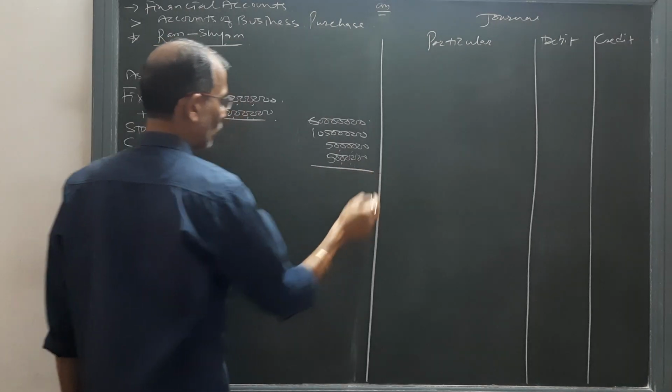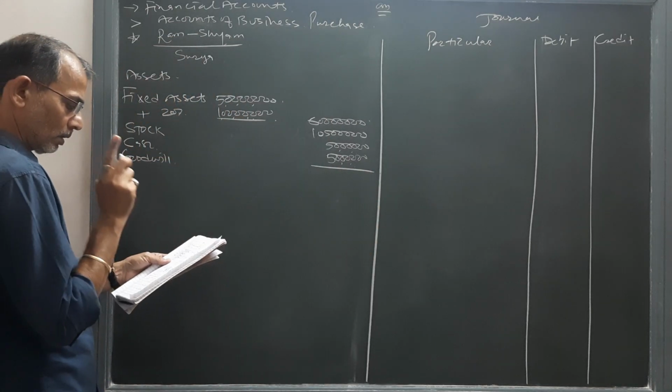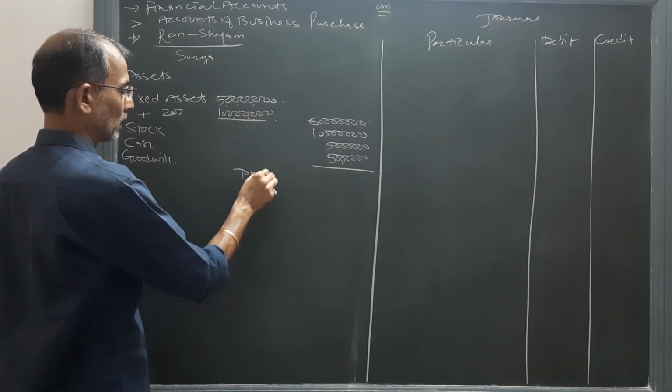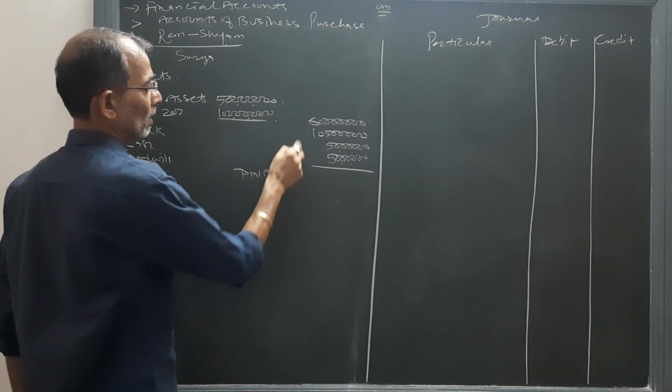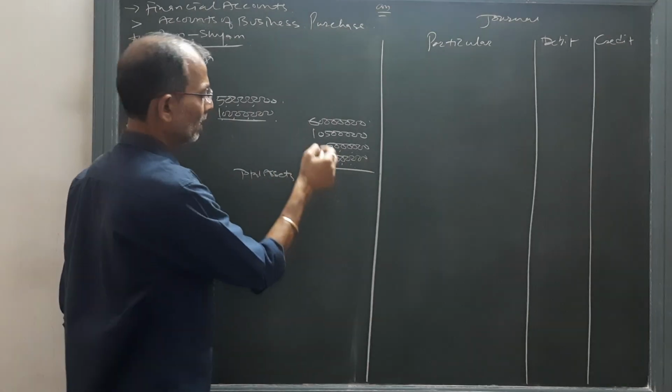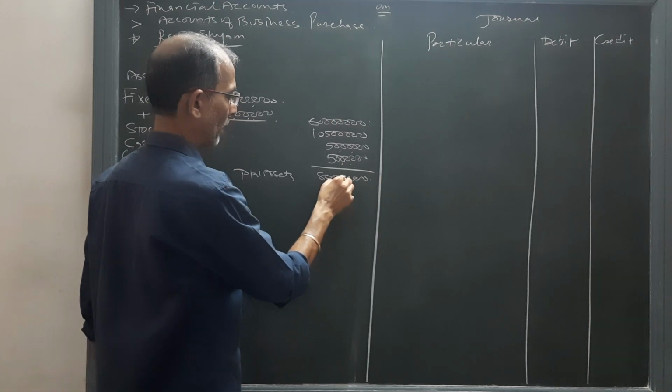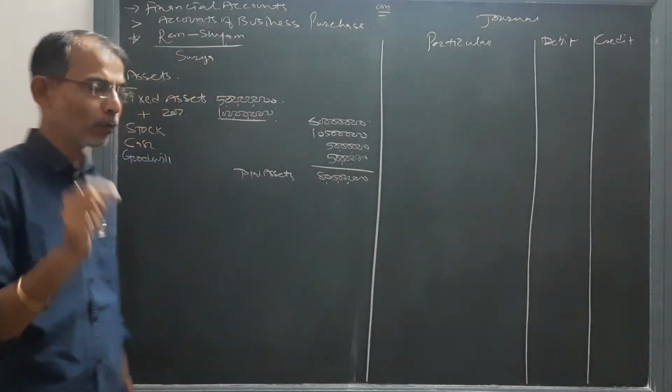So these will be total assets: fixed assets, inventory and cash. 6, 7, 8 crore 5 lakh will be the value of total assets.